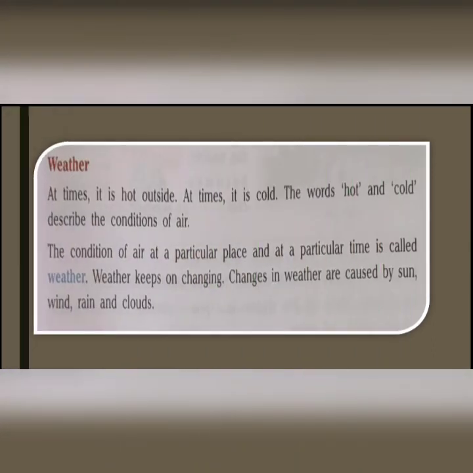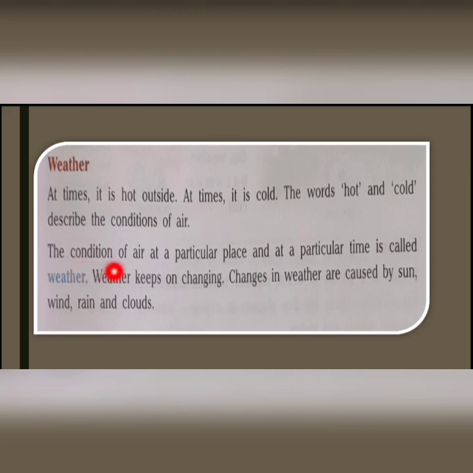Now next let us discuss weather. At times it is hot outside, but at times it is cold outside. The words hot and cold describe the conditions of air, right?